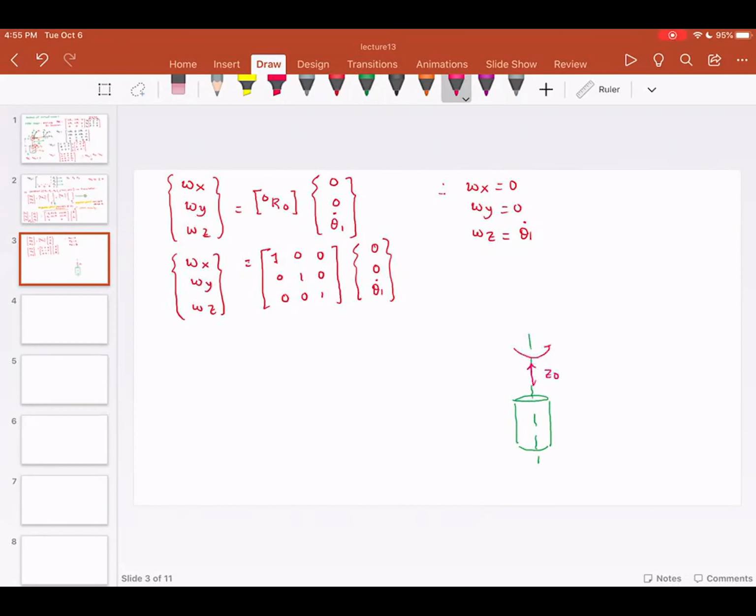So this robot can only have rotation theta 1 dot about the z naught axis. The next joint is a prismatic joint. This prismatic joint is not going to incorporate any rotational motion. There is not going to be any angular variation. There could be some linear variation, which means the actuator could get extended or retracted, but there is no rotation.